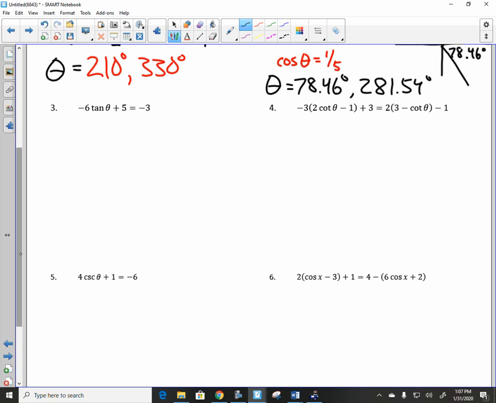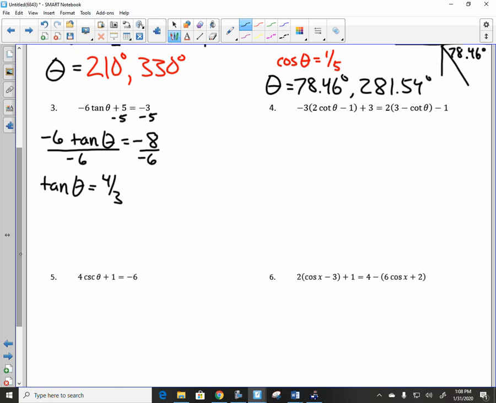Try 2 more. What do I do first here? Subtract 5, and I get -6 tangent of theta is equal to -8. Divide by -6. Tangent of theta is equal to what? 4/3.